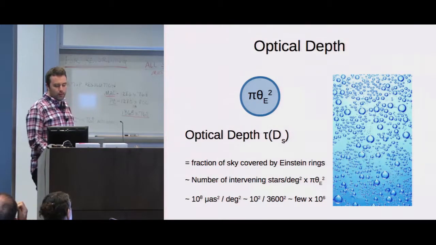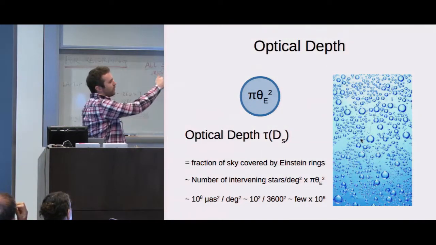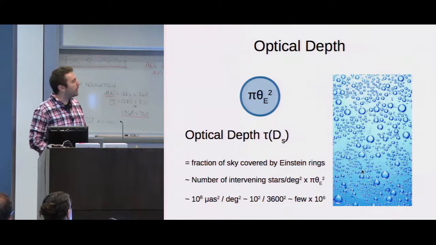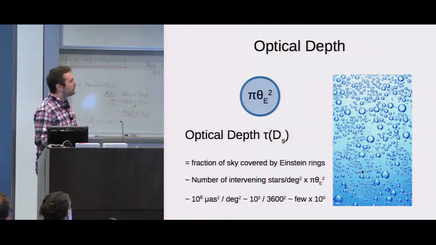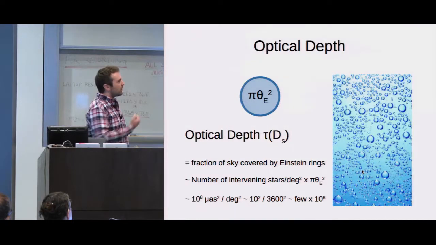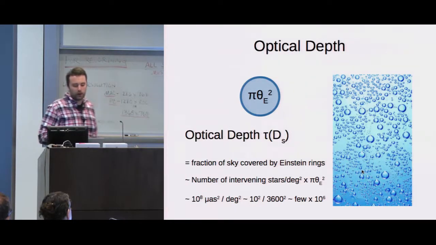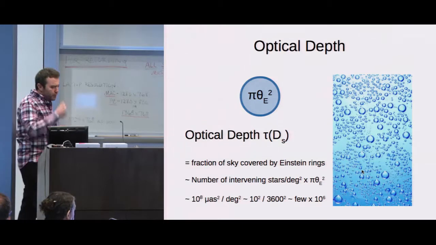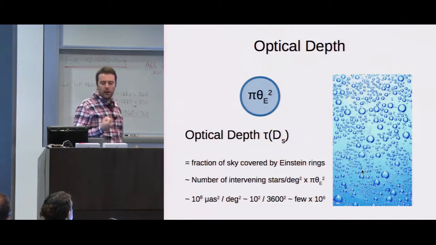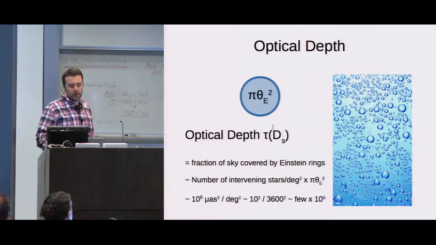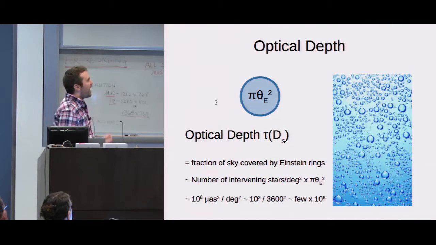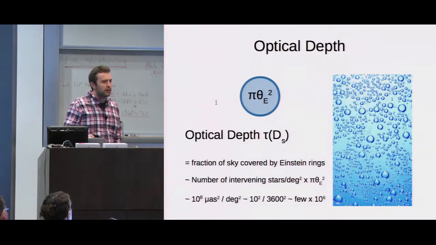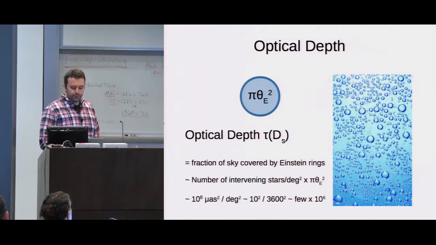If you had high optical depth, like this picture of bubbles on the right, then you'd have a high chance of any given star being microlensed. But just look at the scales involved: the angular Einstein ring radius is a milliarcsecond, so the area is microarcsecond squared.